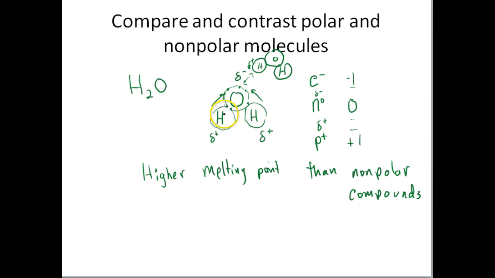Depending on how much thermal energy there is and how fast these are moving, it can hang on to each other strong enough to actually form a solid. And this is why water will freeze, because these molecules will slow down enough for these polar charges to hold on to each other at 0 degrees Celsius.